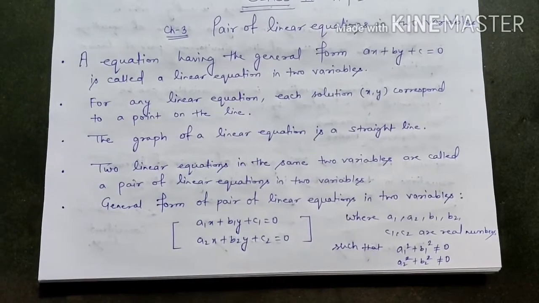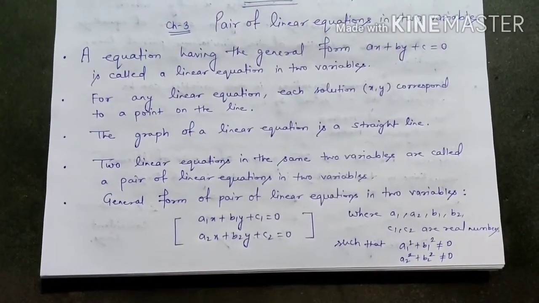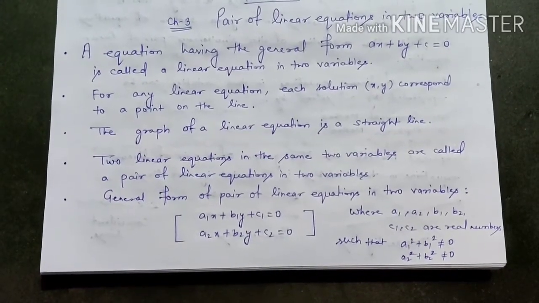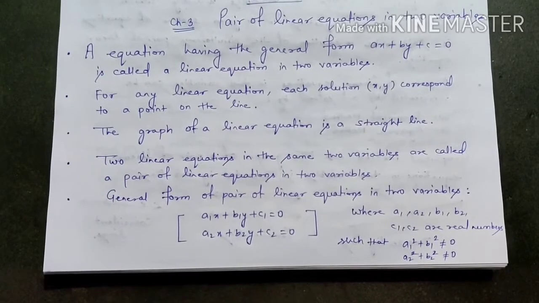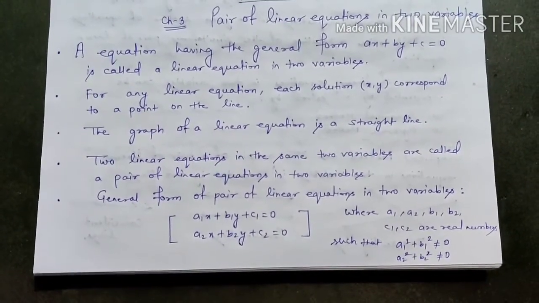For any linear equation, each solution (x, y), that is the coordinate of a point, corresponds to a point on the line. The graph of a linear equation is always a straight line.